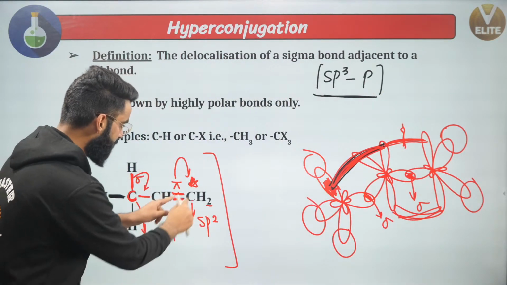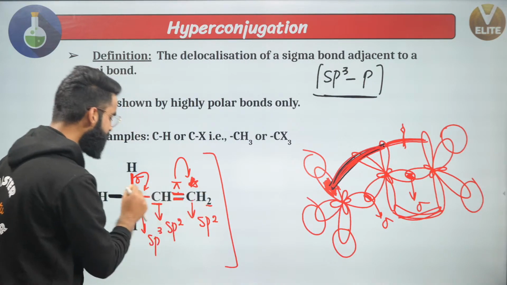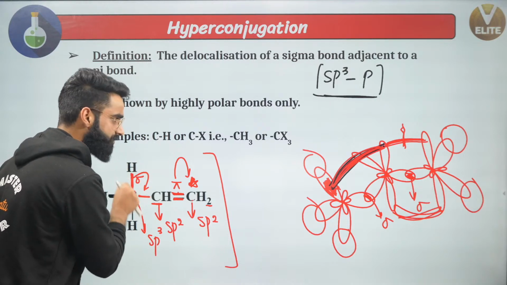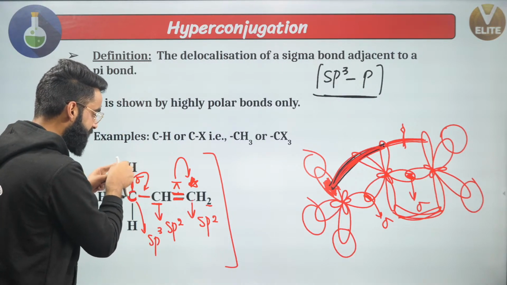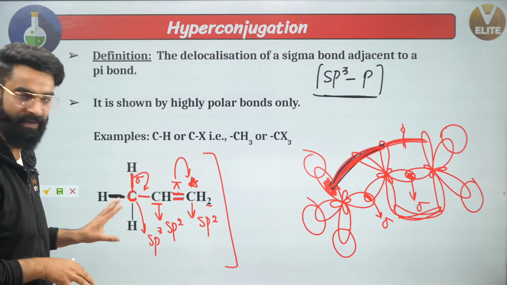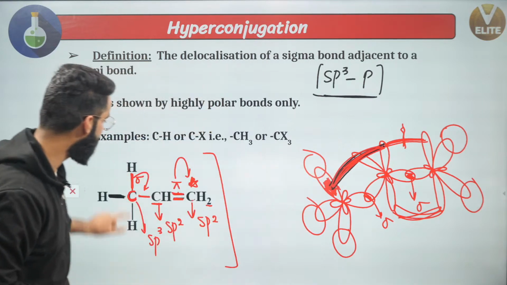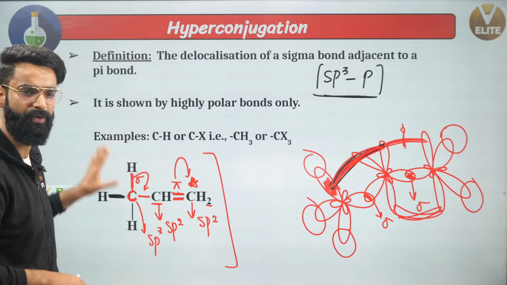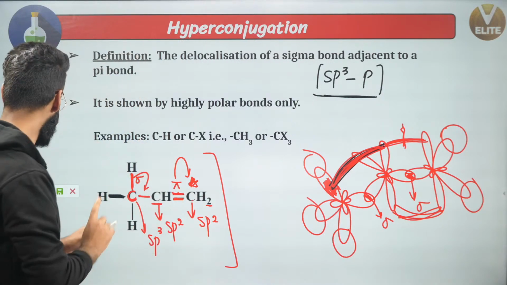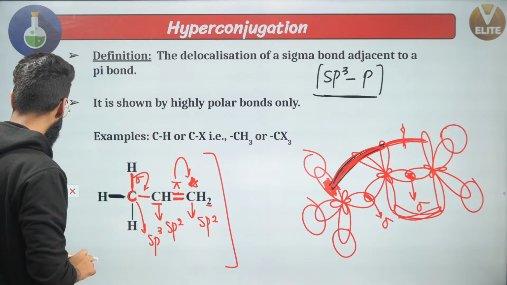That's why in one of the hyperconjugated structures there will be a negative charge on this carbon, and H positive will remain attached in the vicinity of this molecule. This electron cloud is going to attract this H positive, which I'll show you in some time. Okay, this was one approach to understand hyperconjugation, the valence bond theory approach.